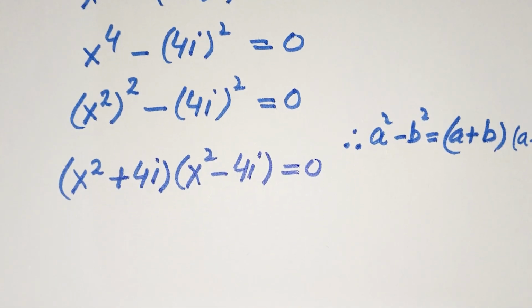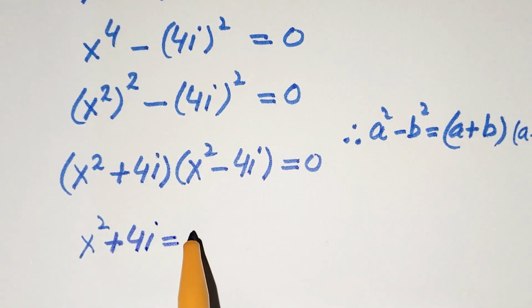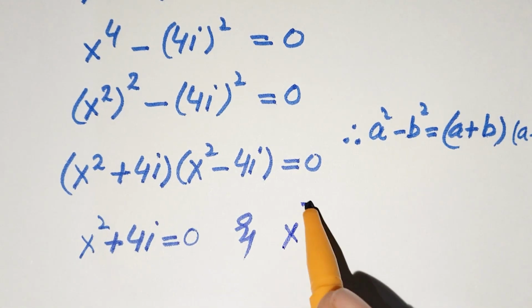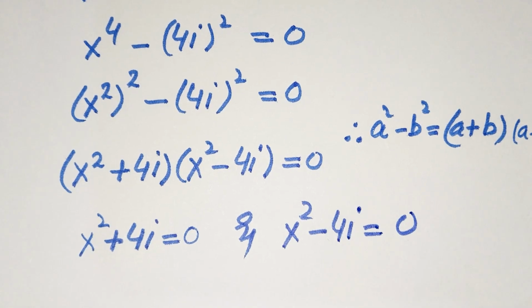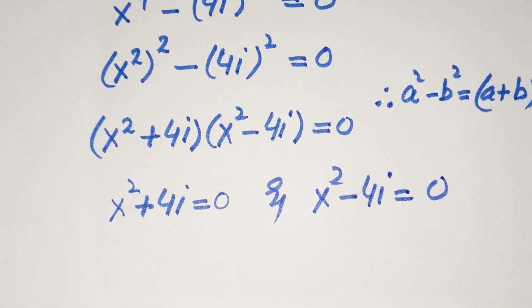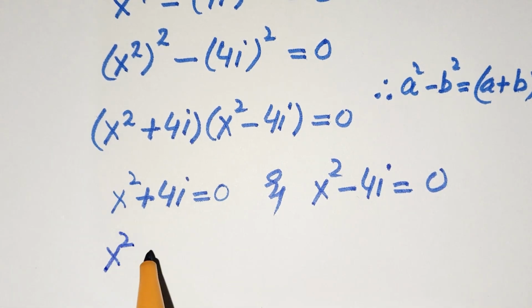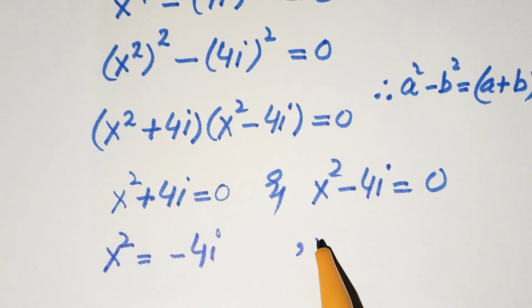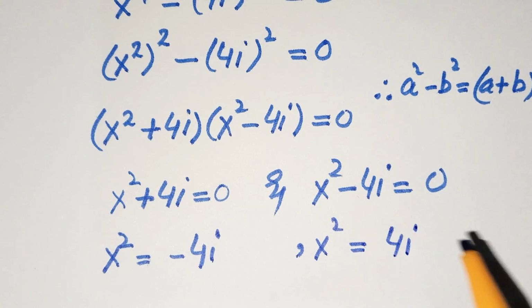So now here x² plus 4i is equal to 0, and we can also write x² minus 4i is equal to 0. We are going to solve these two equations. Then x² is equal to minus 4i, and here x² is equal to plus 4i.